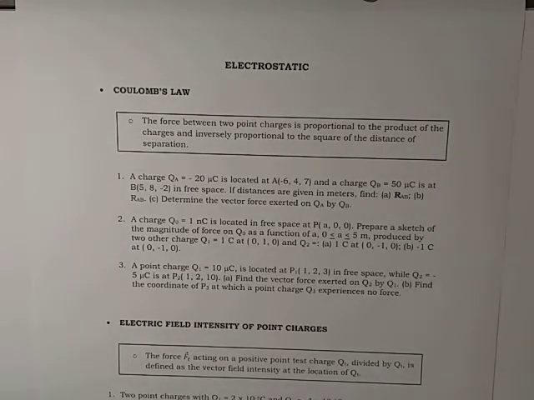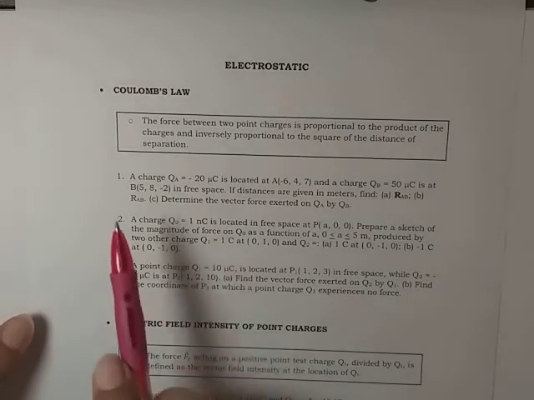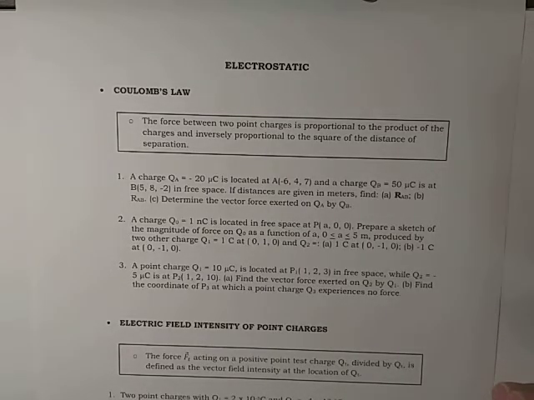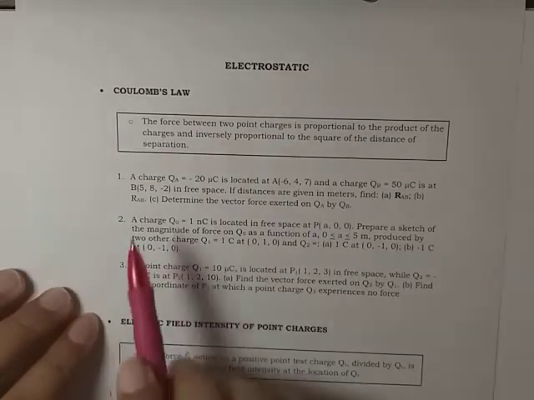In this case, let's do question number 1 together. This is just to make us familiarize with the vector notation that we already saw in handout number 1 before. What is the question about?